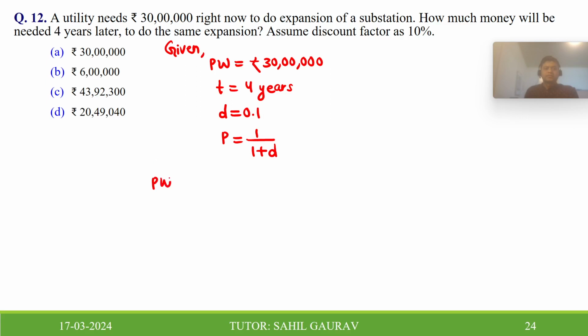So present worth of money equals future worth into the present worth factor, and you have to find the future worth of money.